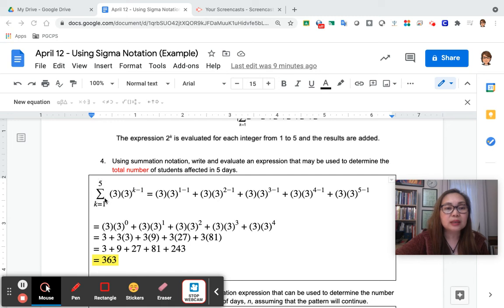Greek letter sigma, from day 1 to day 5. First number, first y value, common ratio, and k. And k would be changing every time you write it down because this is for day 1, this for day 2, day 3, day 4, and day 5.